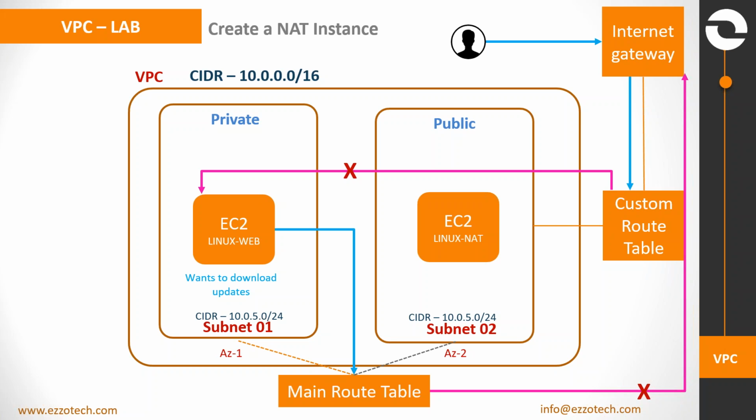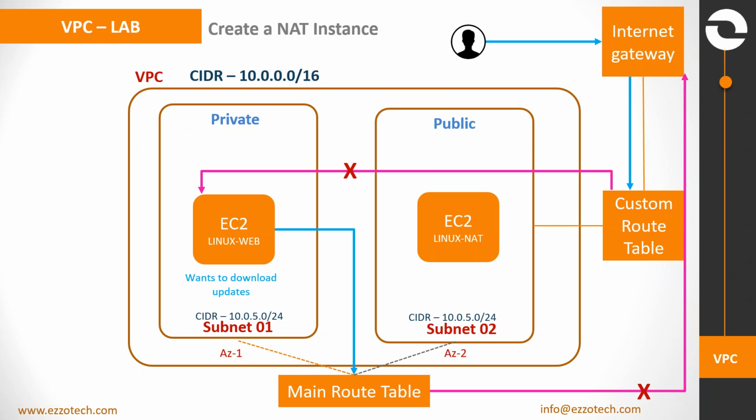So if I want to solve the first case, that let my user communicate to my EC2 instance, then I will bring my EC2 instance in the public subnet. And if I do so, my user can easily communicate to the EC2 instance, but I don't want to do so.